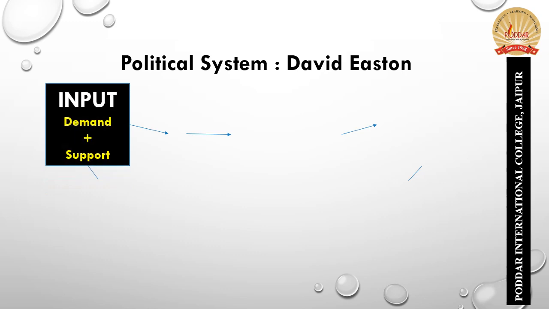Input means demand plus support. Input includes demand and the support for the demand by the public. Demands flow from the environment into the political system, in the same manner as a machine produces refined material from raw material.